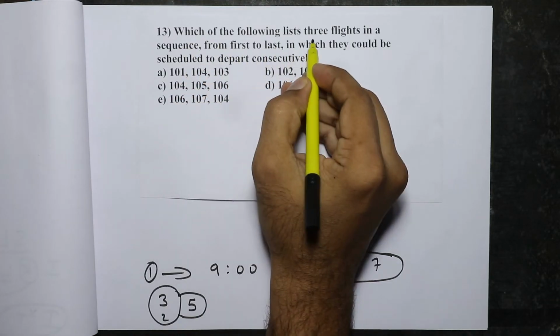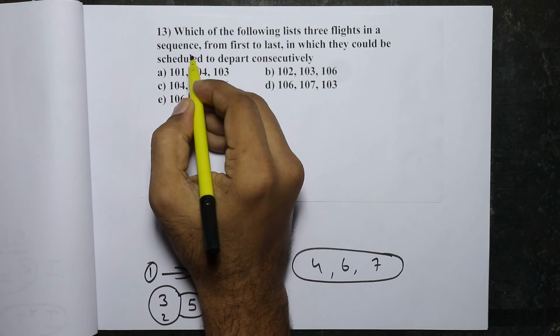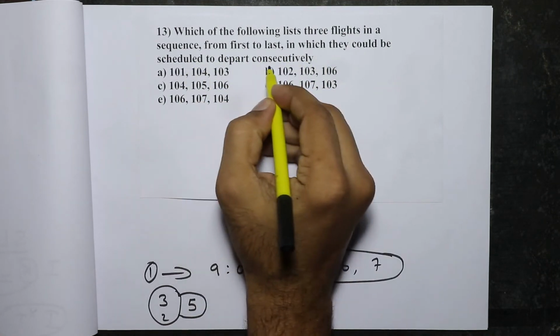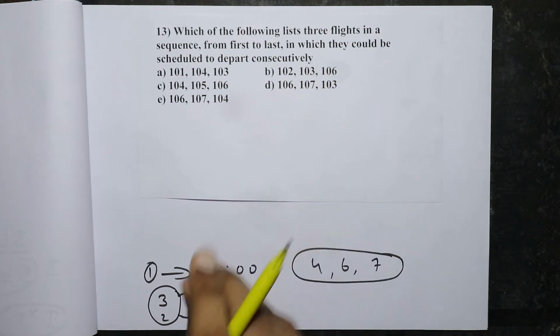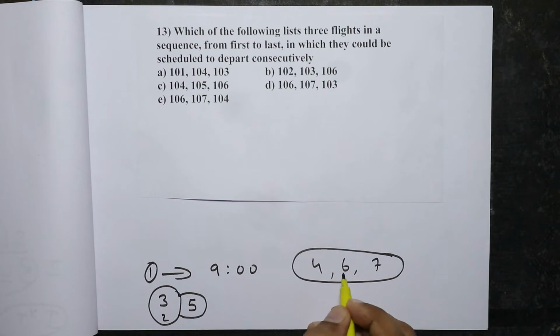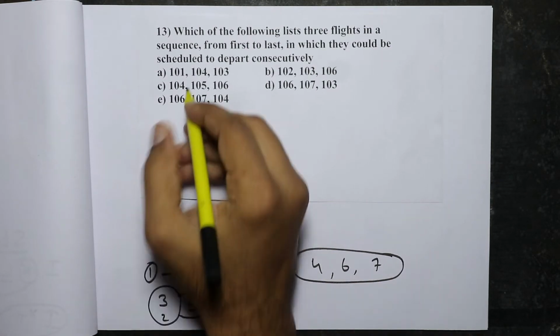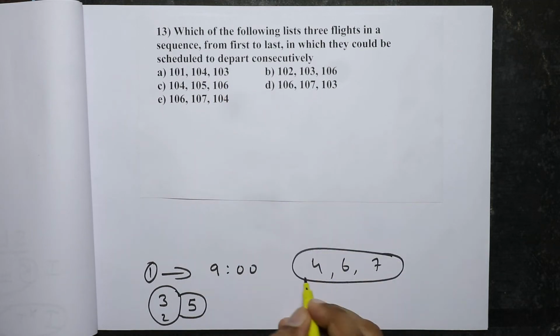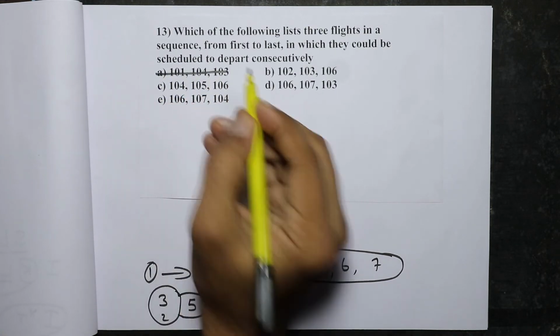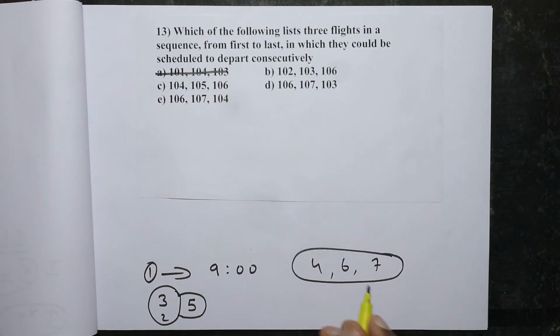Which of the following lists 3 flights in a sequence from first to last in which they could be scheduled to depart consecutively? Now all these conditions have to be satisfied. That is, 4, 6 and 7 should be in consecutive hours. So here you have 4, 3, that is not allowed. After 4 there should be 6, and after 6 there should be 7. So 4, 3 is not possible. It has to be 4, 6 and 7.